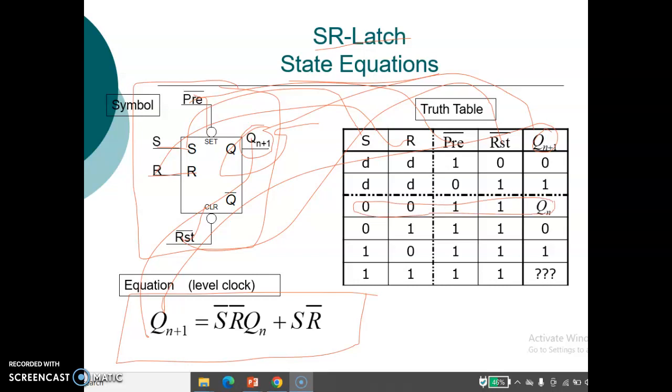S bar, R bar, Qn plus, S R bar, this is S, R bar.